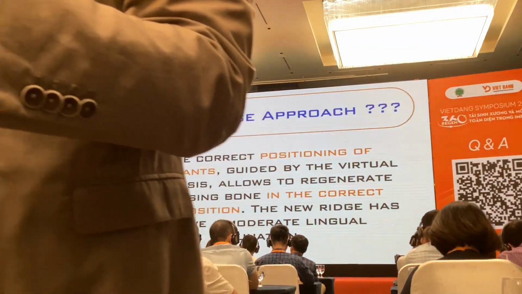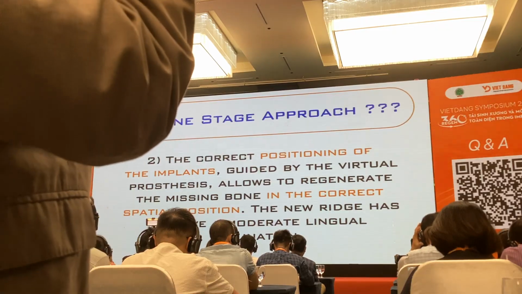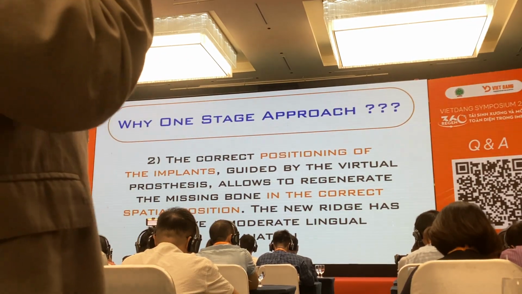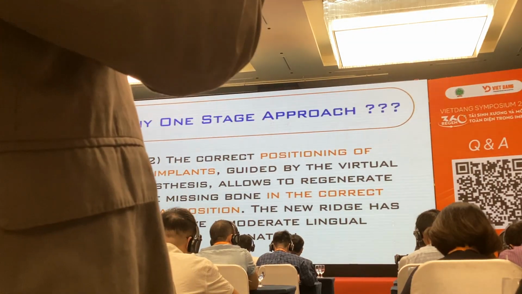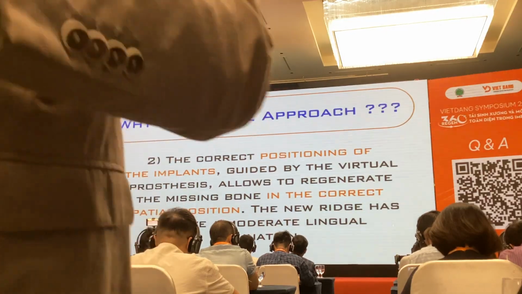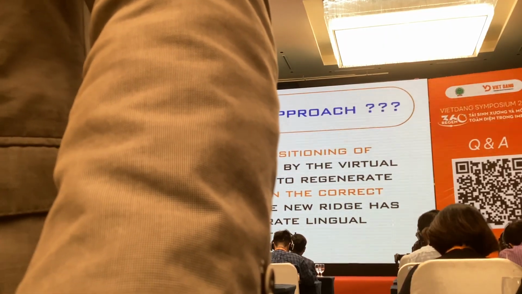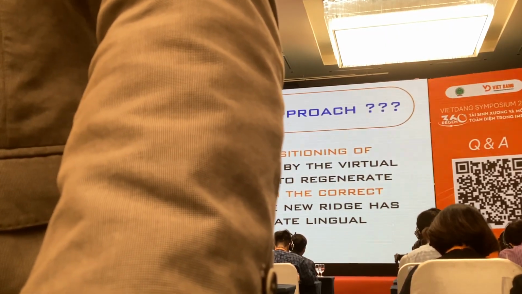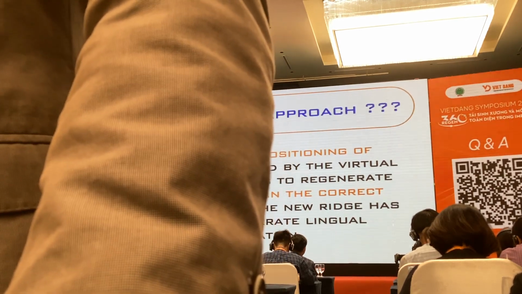And when we go to place the implants inside the regenerated bone, we could find implants too buccally, because if we want to place the implants correctly, we have to place them with a lingual inclination.